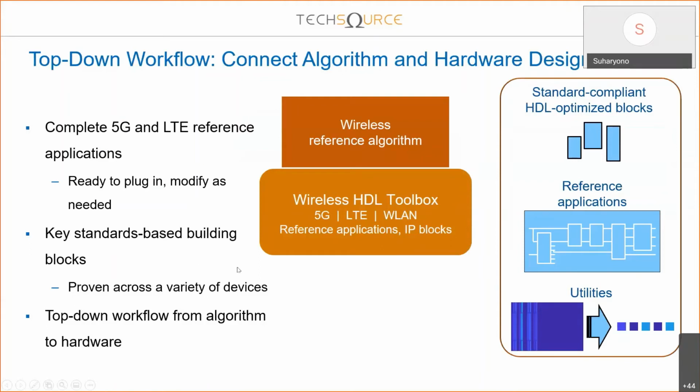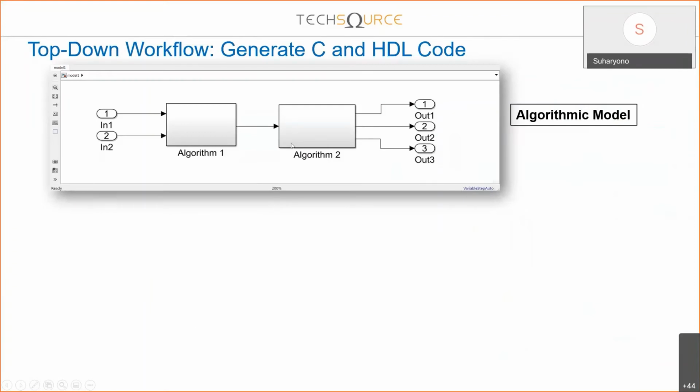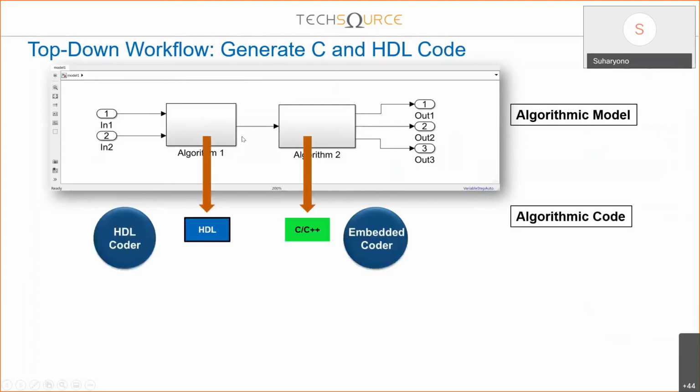Let us take a look at the next step. In this simplified model, we have algorithm 1 and algorithm 2 that we want to target to the hardware. Maybe for algorithm 1, we want to target the FPGA.